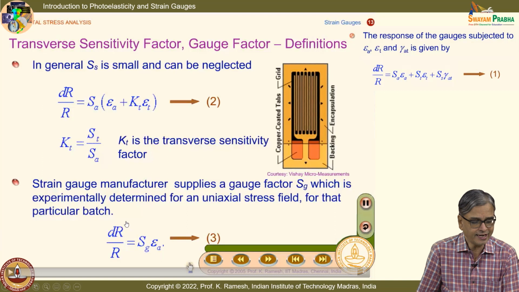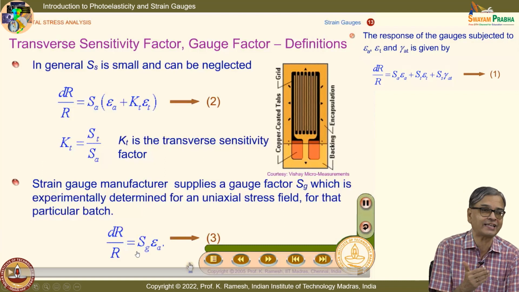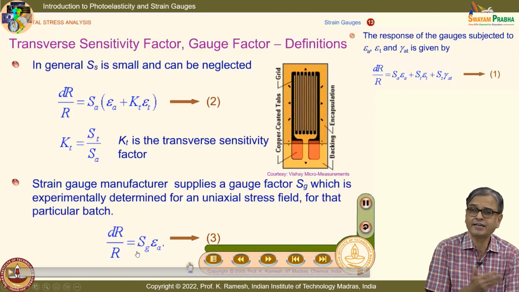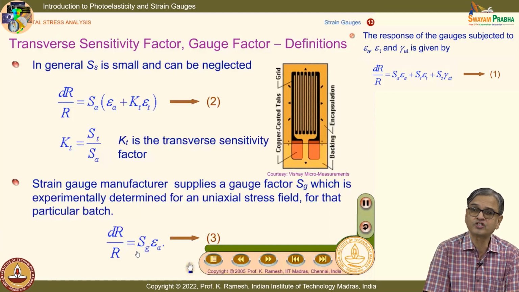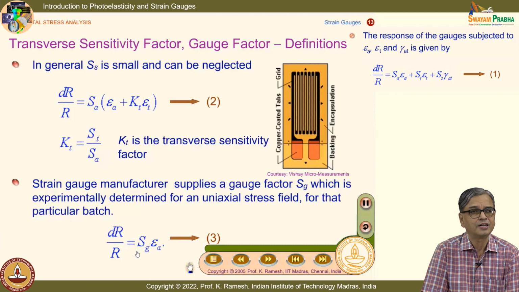So, from your electrical measurement, you will be in a position to get dR by R. From the manufacturer supplied value, you have the gauge factor Sg, and in IIT in your strength of materials lab, you have an experiment using strain gauge to measure the strain in the case of a cantilever and also for a torque measurement in the case of twisting of a shaft.